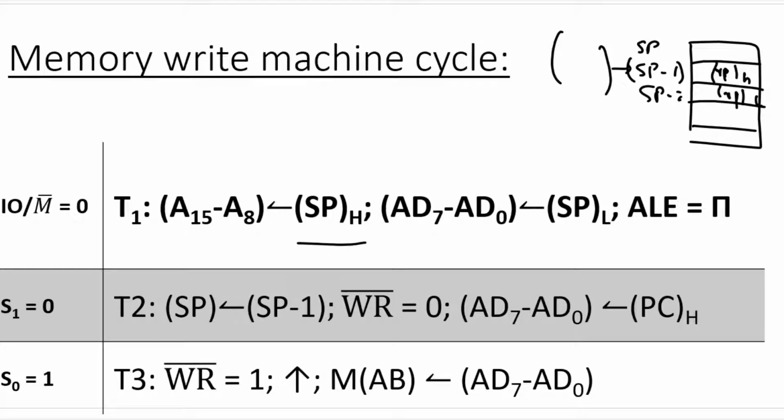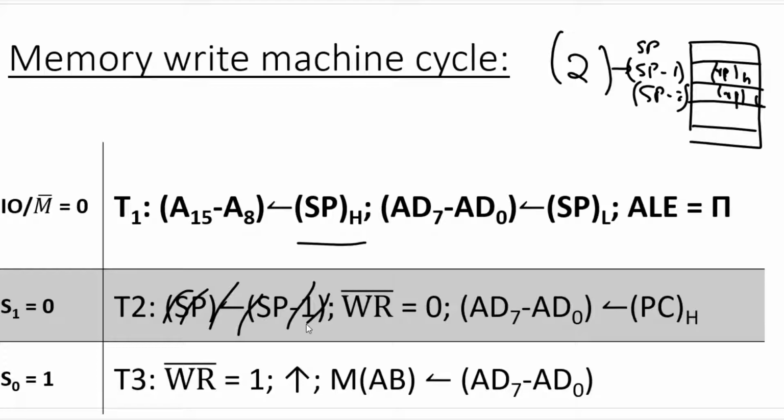Similarly, in the second machine cycle, again SPH and SPL will be loaded onto the address bus. Once the contents of the address bus are fetched, SP will be decremented. SP is already pointing to SP minus 2, so this will not be a part of memory write machine cycle number 2.